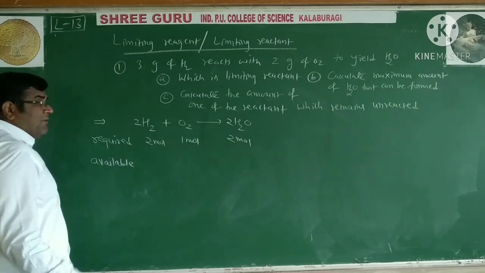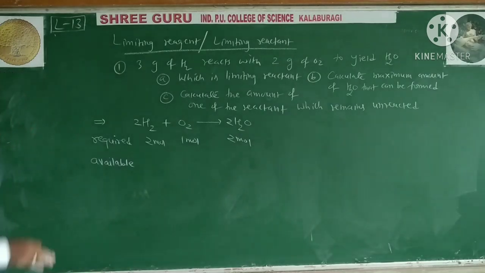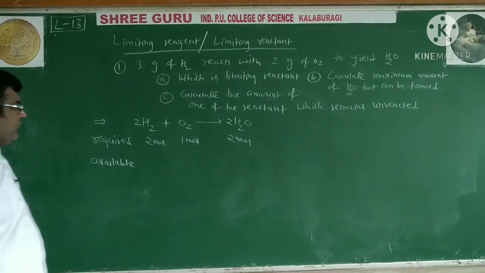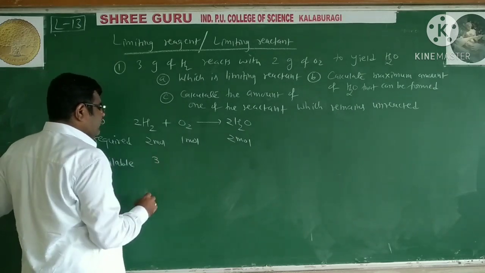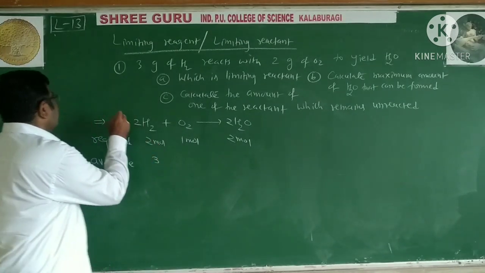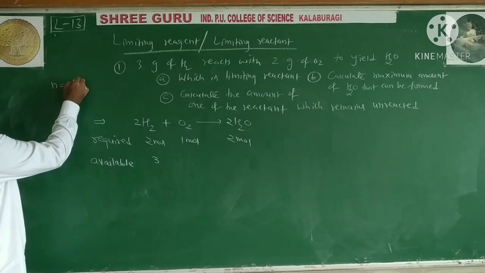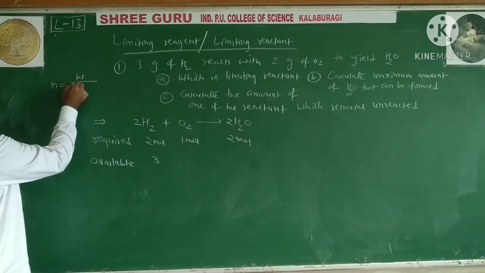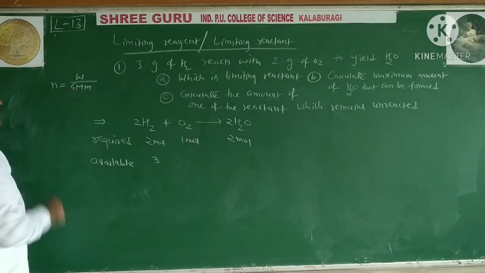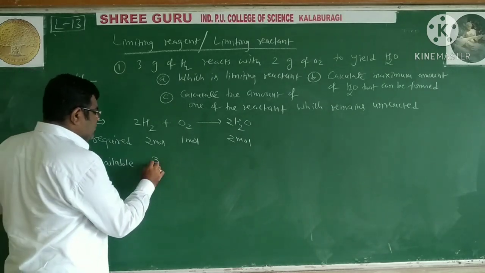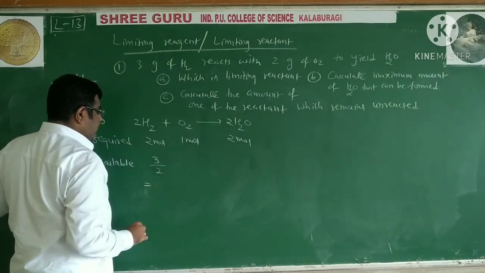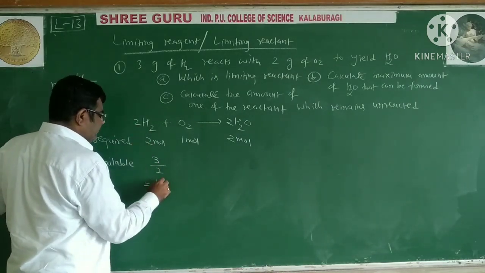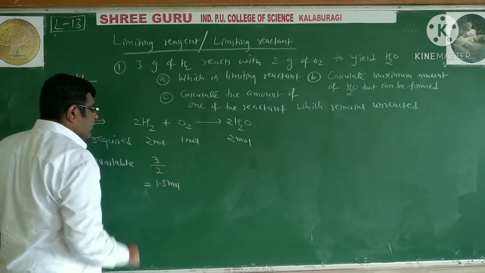Now we will calculate available. Available will be given in the question: 3 gram. We want to convert it into number of moles. Number of moles is equal to mass divided by gram molar mass. So 3 divided by 2, 2 is the molecular mass of H2, so 1.5 mole.